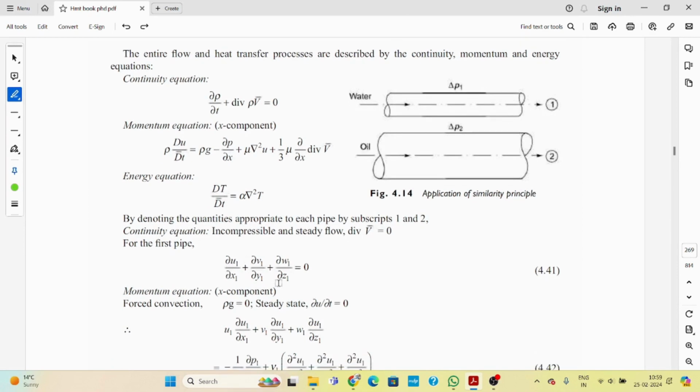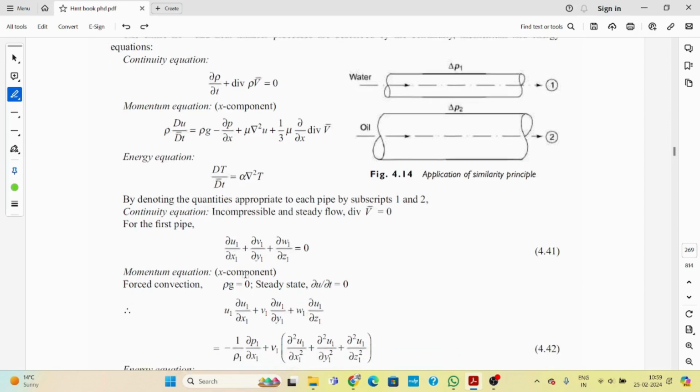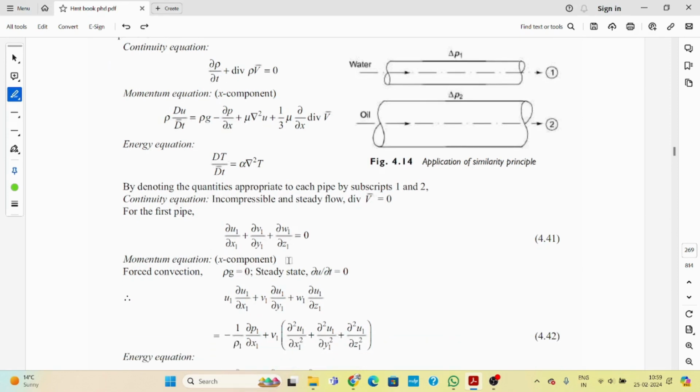And d by dx, del by del y, del by del z. You can see here this is the fundamental continuity equation, and it has transformed to this form because density is constant and the flow is steady state, incompressible. So del by del t is equal to 0, and divergence of v is equal to 0. So this has become this continuity equation.